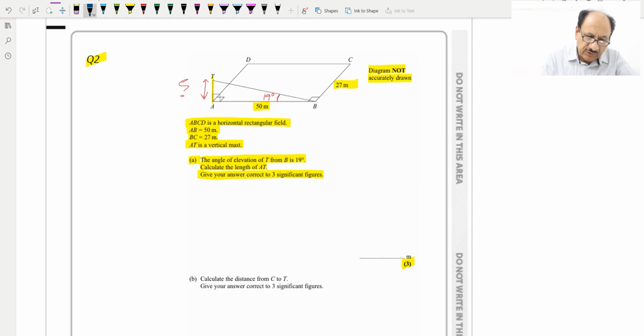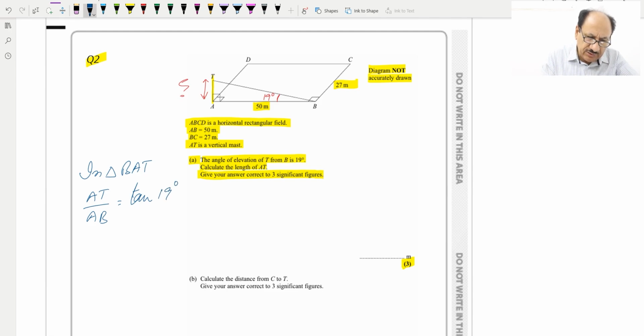Now we have to find AT, so we can write in triangle BAT, AT over AB is equal to, this will be opposite over adjacent, that will be tan of 19 degrees.